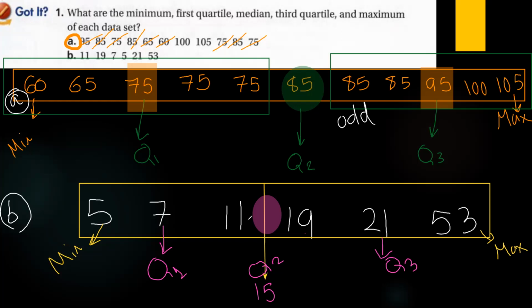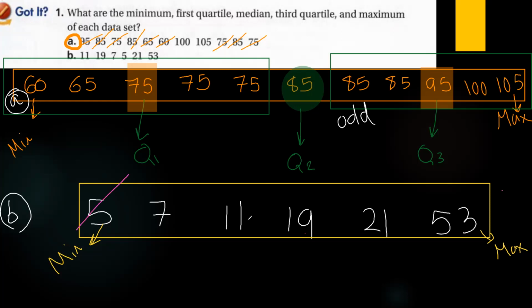Teacher, I didn't understand. How did we make Q2? Yes, I mean 15. How did we get this 15? Just a second, we have 2 minutes, I can explain for you. Here, we need to find Q2, our median. We talked about it in the previous lesson. We cancel 5 and 53, first right and left.